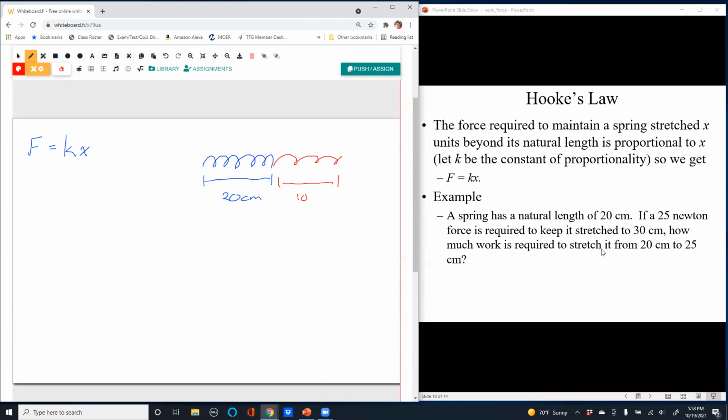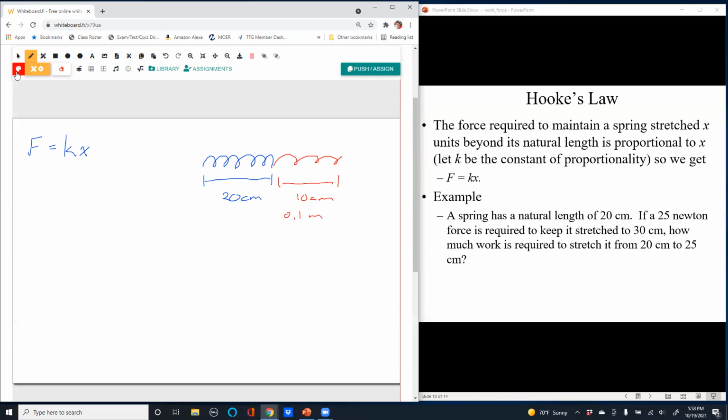Now, here's something to remember. Remember that Newtons specifically deal with measurements that are in meters. So when we do this, we don't want to use centimeters. We want to use meters. So this would be 0.1 meter.